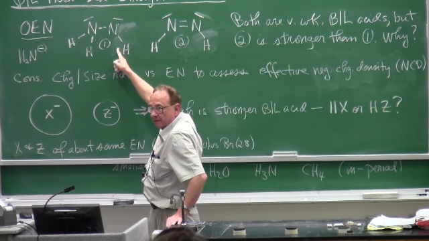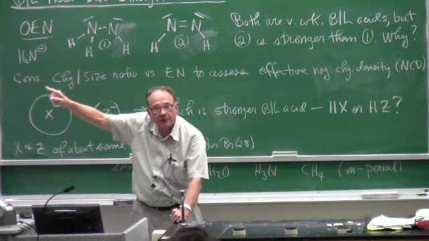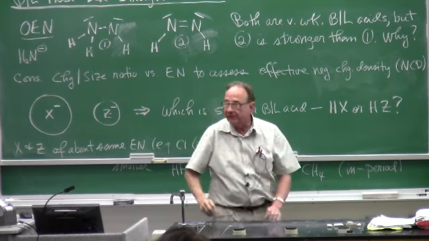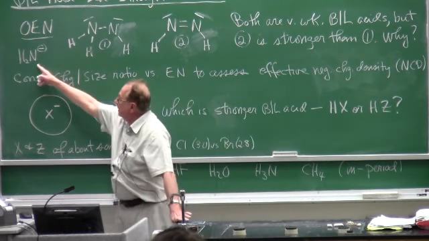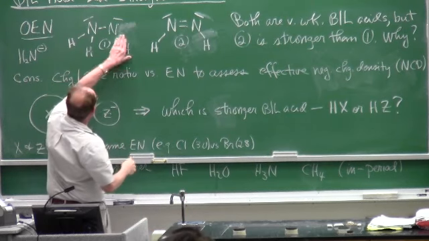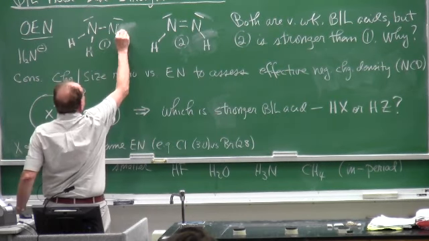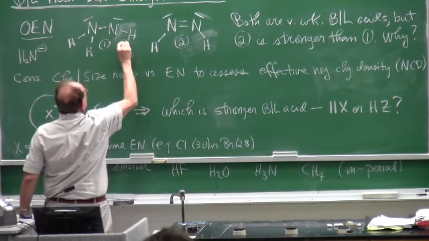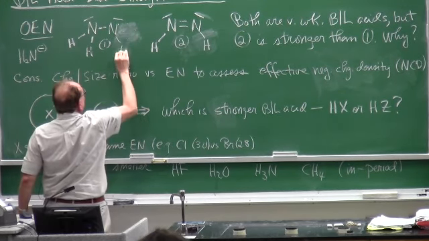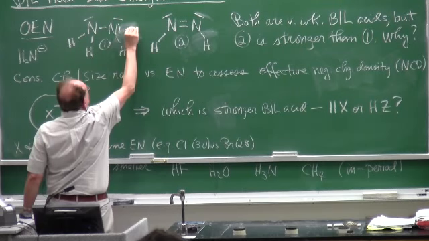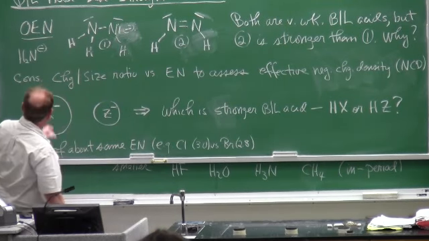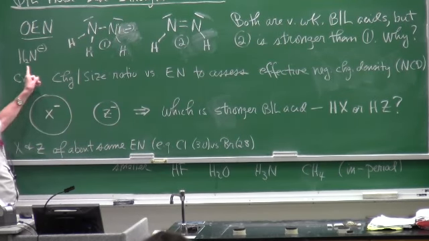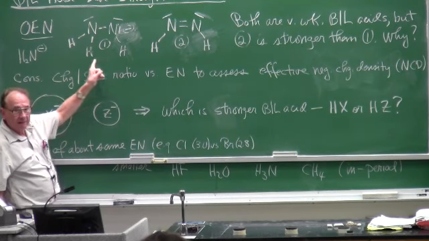sp3 hybridized. So now you're going to have to go beyond orbital electronegativity to make a decision why this base, let's put it back here, why this base is a stronger base than this base.